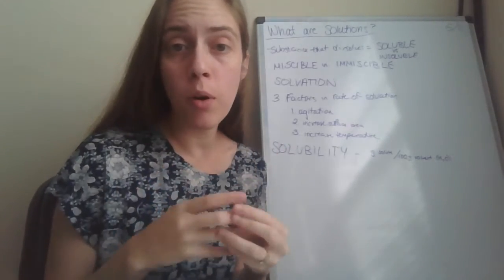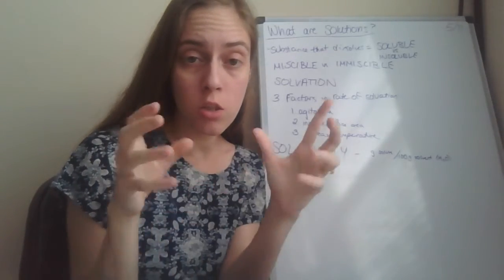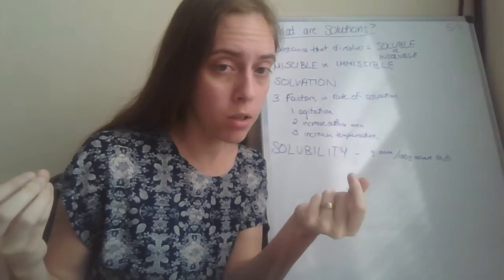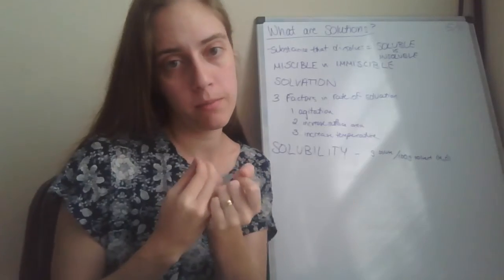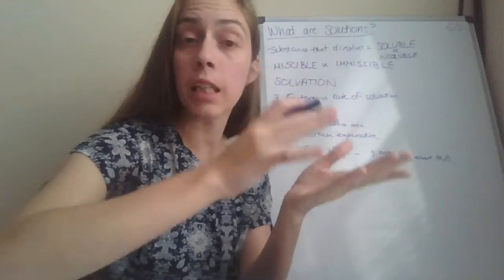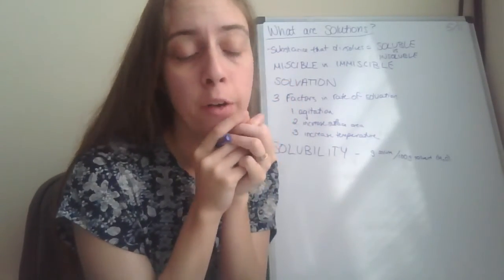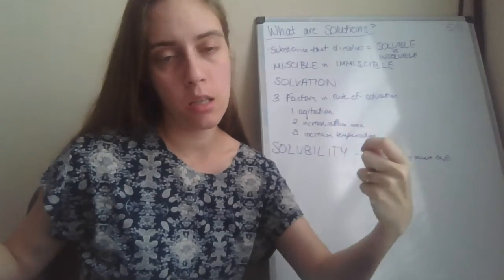But as soon as the crystal particles are reforming at the same rate that the solvent is pulling away the solute particles, it's going to stop dissolving. The crystallization rate is the rate that the crystal is reforming, and the solvation rate is the rate at which it's dissolving.